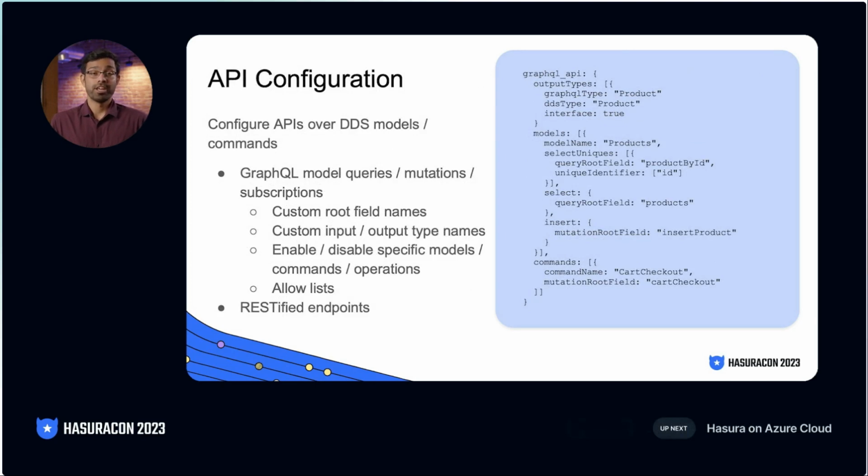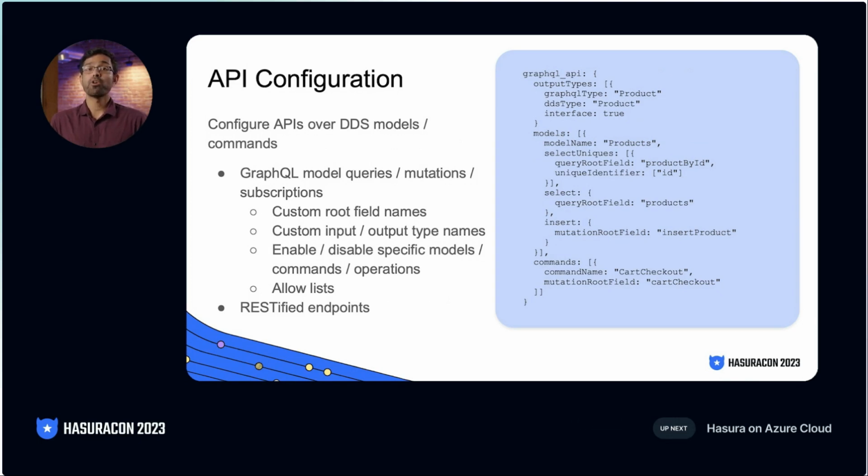Once you have defined your data graph, OpenDDS lets you customize and configure APIs over that data. This example is configuring a GraphQL API. It first specifies that the OpenDDS type, called product, should map to a GraphQL interface, also called product. One OpenDDS type can have at most one GraphQL type.